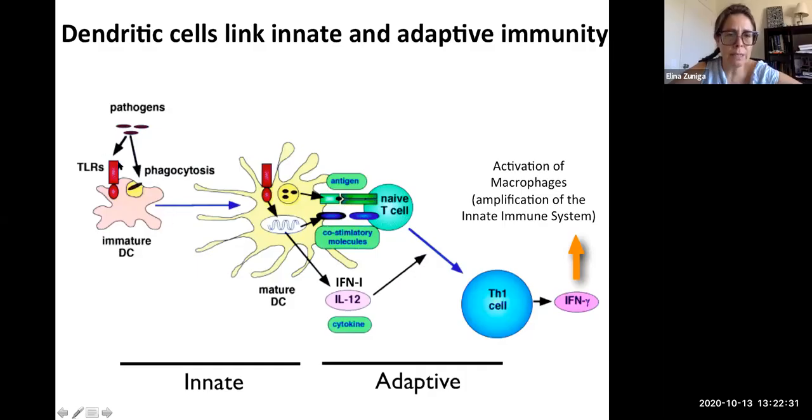So the dendritic cells are in our connective tissues, and they express tons of pathogen recognition receptors that we learned in previous lectures, like toll-like receptor 4, for example, that recognize lipopolysaccharide.